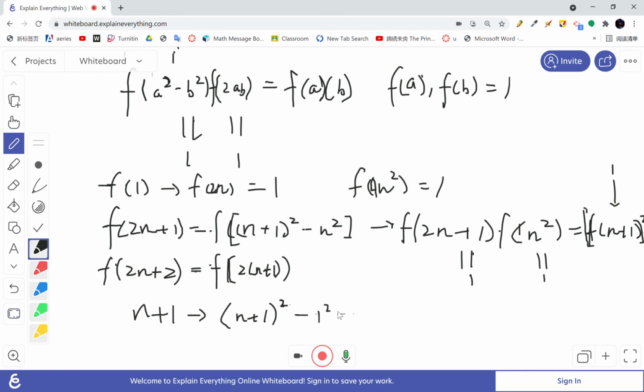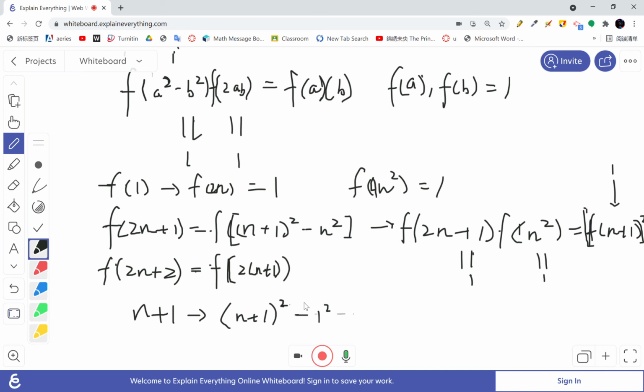It's basically equal to n squared plus 2n. Then n squared plus 2n, n squared plus 2n plus 2. No, so basically n plus 1 square minus 1 square.